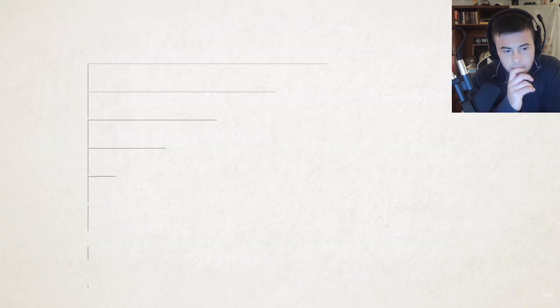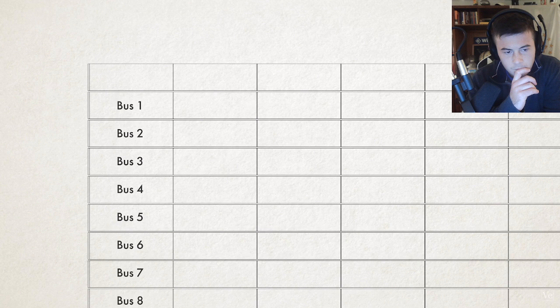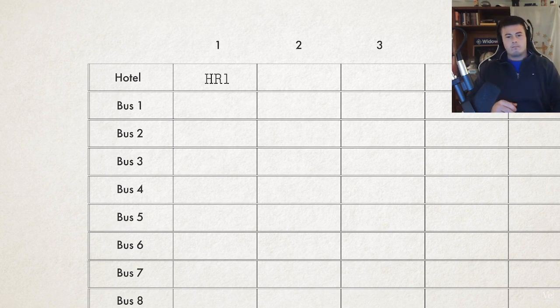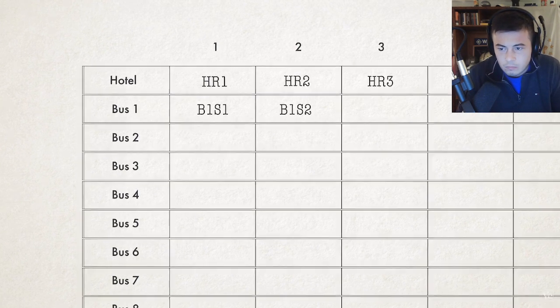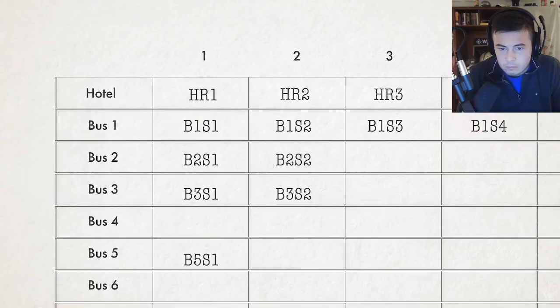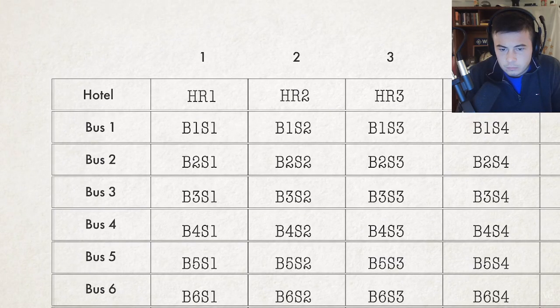Well, you pull out an infinite spreadsheet, of course. You make a row for each bus, bus 1, bus 2, bus 3, and so on, and a row at the top for all the people who are already in the hotel. The columns are for the position each person occupies. So you've got hotel room 1, hotel room 2, hotel room 3, etc. And then bus 1, seat 1, bus 1, seat 2, bus 1, seat 3, and so on. So each person gets a unique identifier, which is a combination of their vehicle and their position in it.